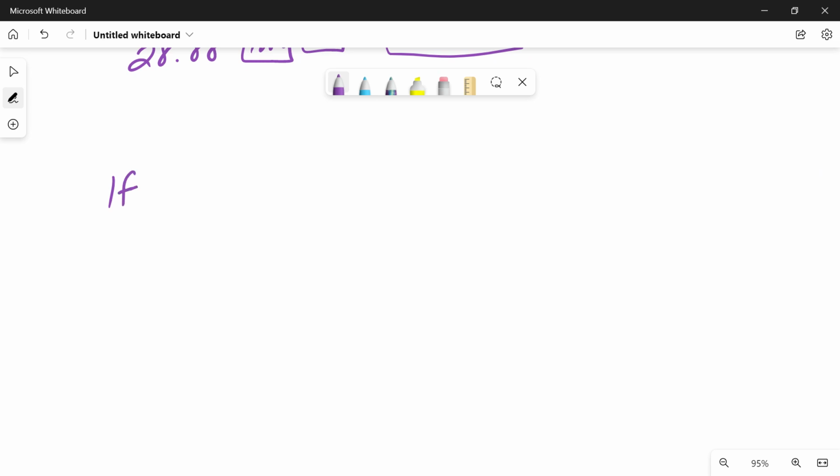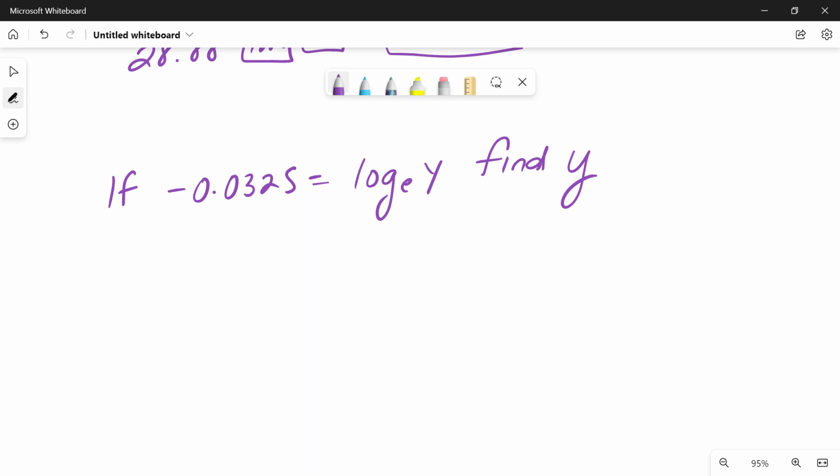If negative 0.0325 equals log base E of y, find y. Okay, so what I'm looking to do is find that antilog, right?